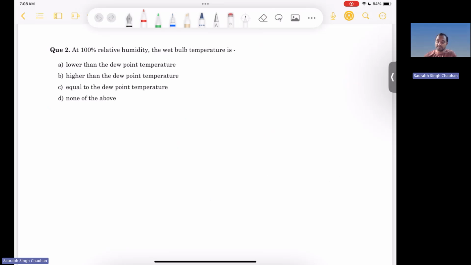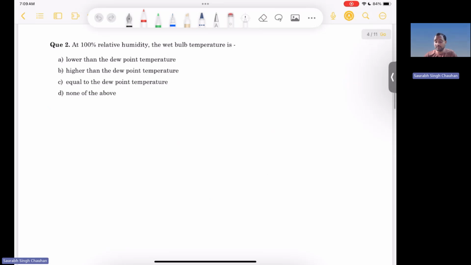Okay, so at 100% relative humidity, the wet bulb temperature and dew point temperature are the same. Why? Because dew point temperature is defined in this way, and since the relative humidity is 100%, the dry bulb temperature and wet bulb temperature will be equal, because no more evaporation can take place. So there will be no cooling to reduce the wet bulb temperature.